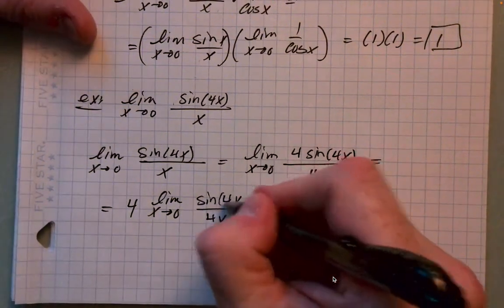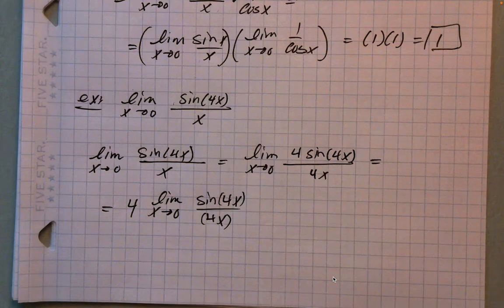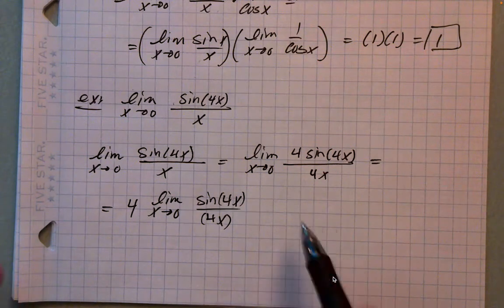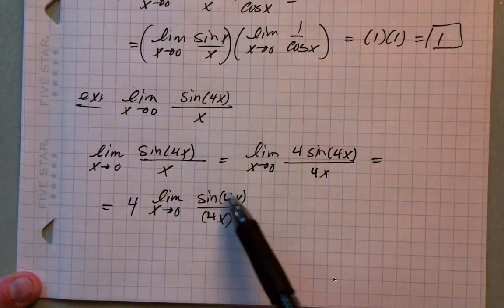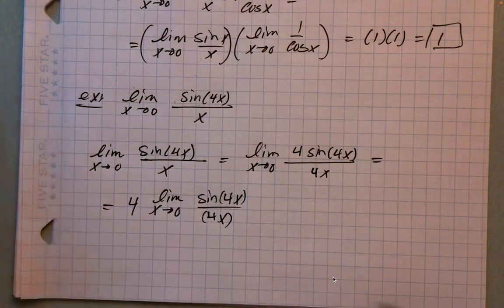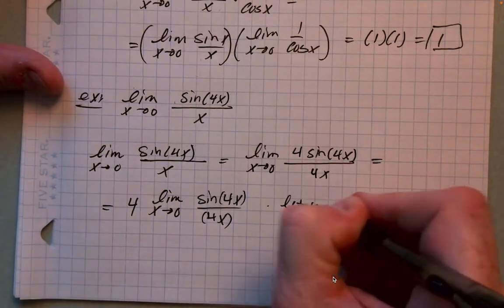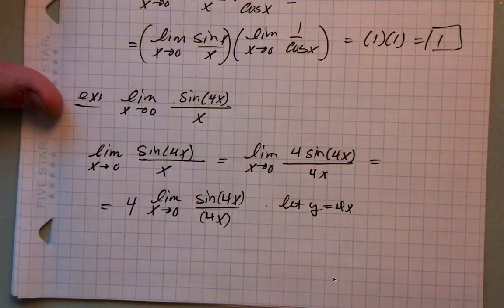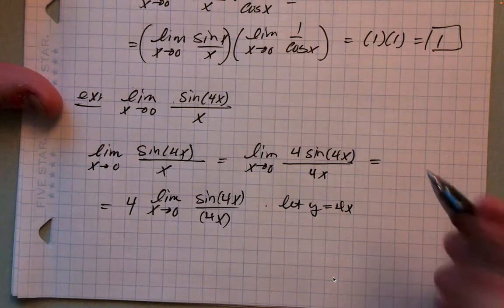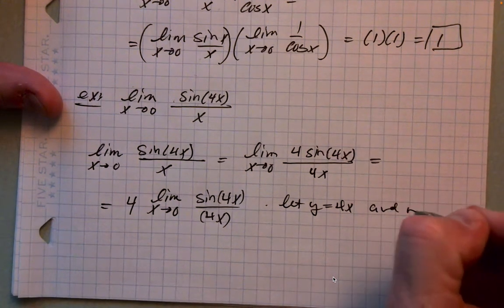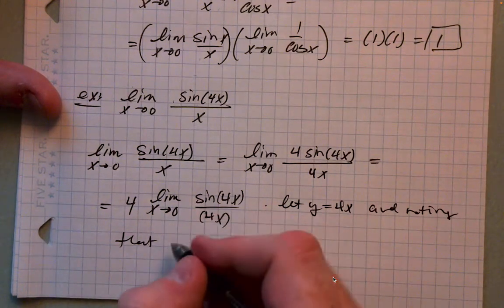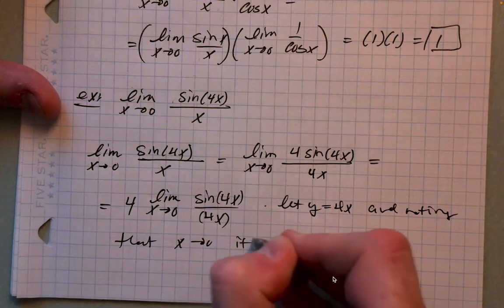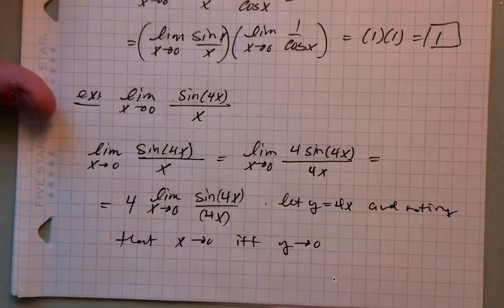What we've done in that step is we've forced the denominator to match what was inside the trig argument. So if we say let y equal 4x, and of course noting that x goes to 0 if and only if y goes to 0, we get the following.